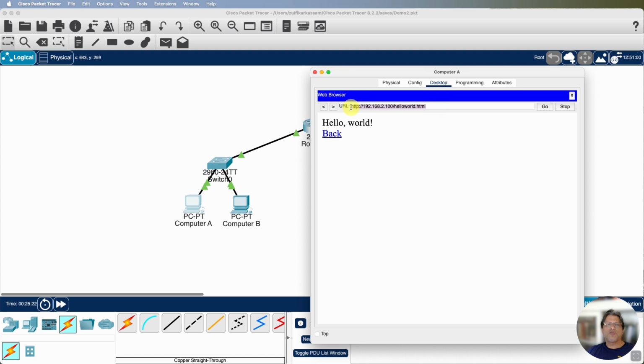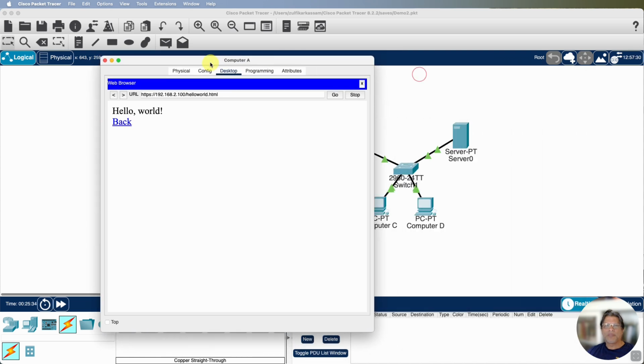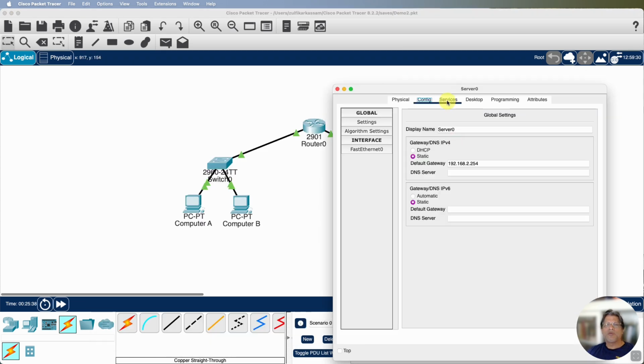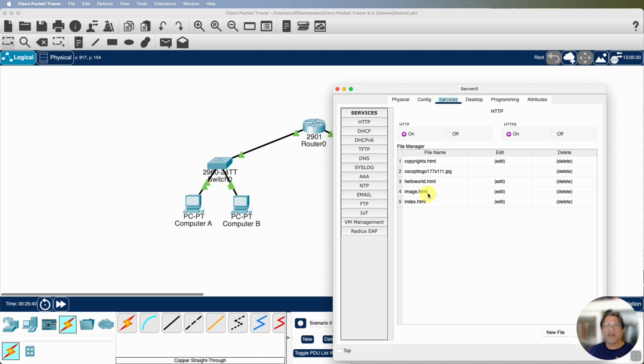Okay, so this URL tells us that we can reach the web server from computer A. I can do an HTTPS over here as well, and I can reach hello world as well. You can try other pages in here. If you go back in here, we notice in the services, we have image.html, for example.